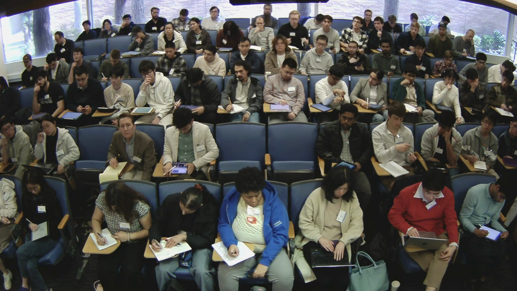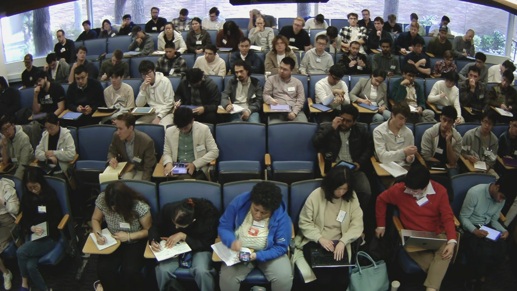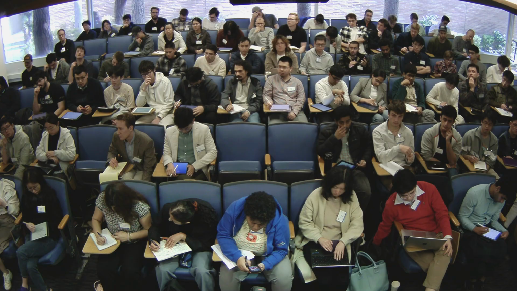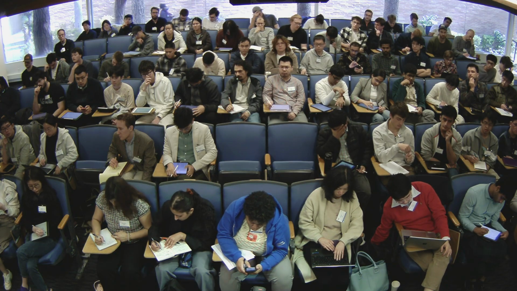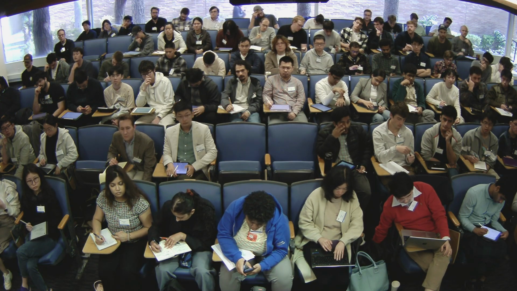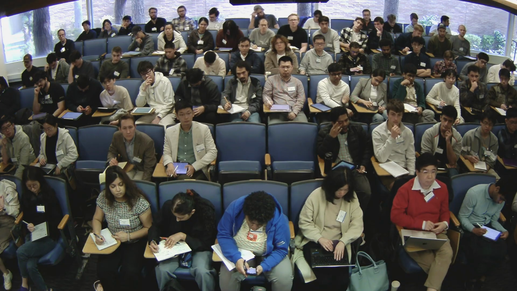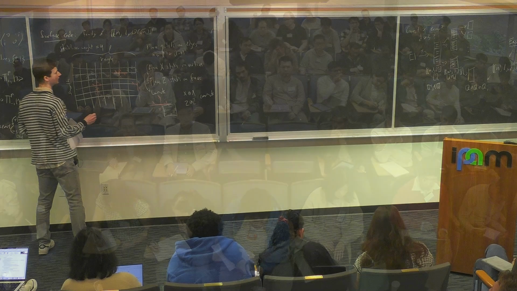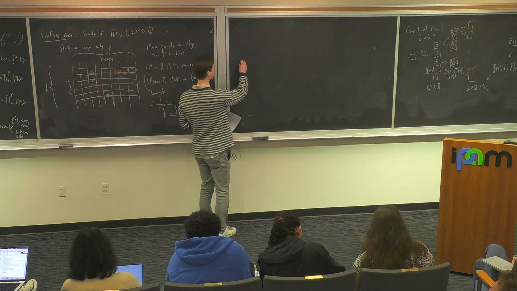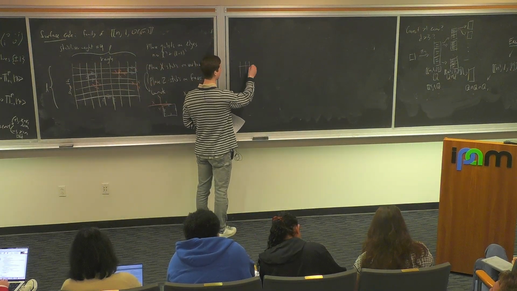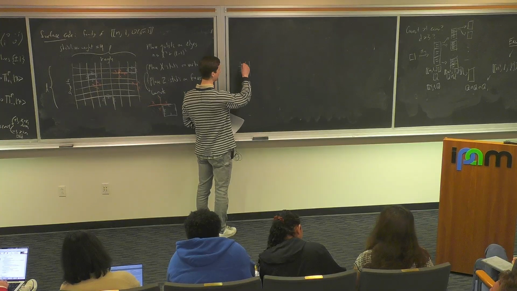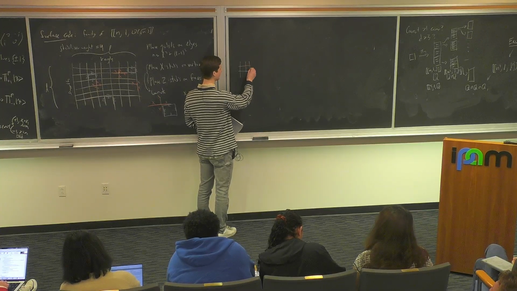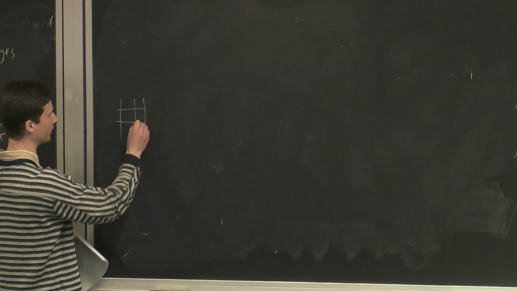Yes. Still trying to visualize the qubits on edges. So how do you place it to bring it to the number L squared plus (L minus 1) squared? Oh, sorry, yeah. So I'm literally just counting how many edges: 1, 2, 3, 4, 5, 6. If you just do a 3 by 3, so this is 3 by 3, and we have 1, 2, 3, 4, 5, 6, 7, 8, 9, 10, 11, 12, 13.